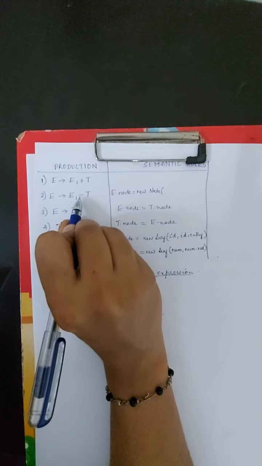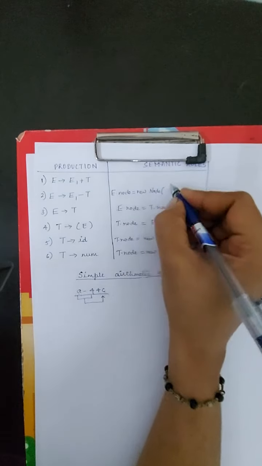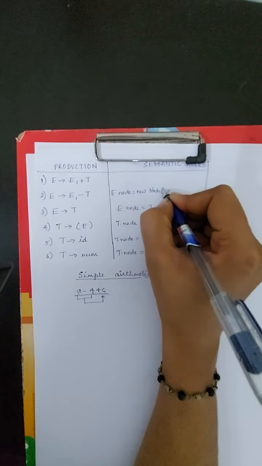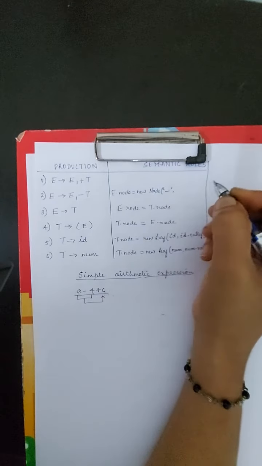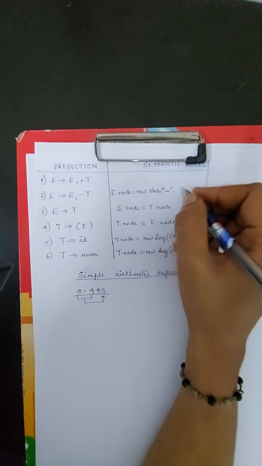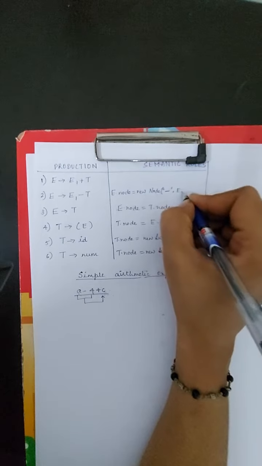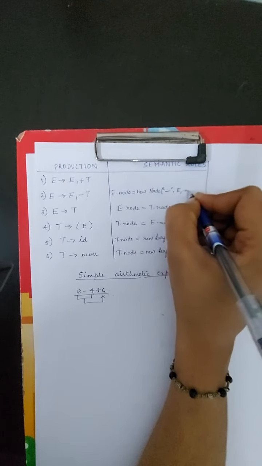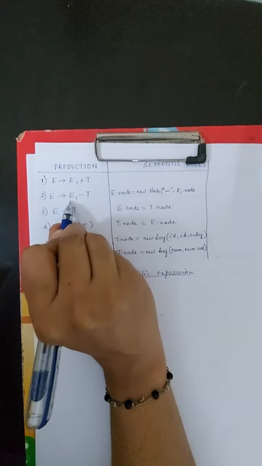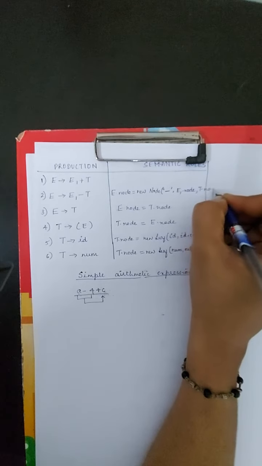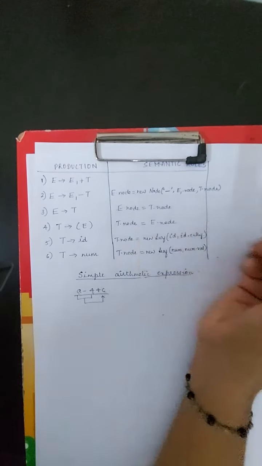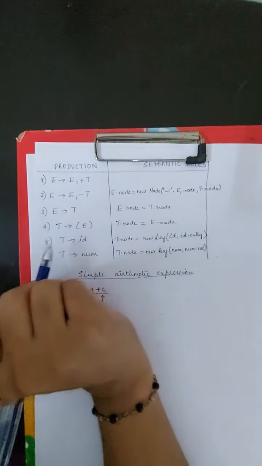We are subtracting these two values. So that will be minus, which is represented in single quotes, comma e1 dot node, attribute value for its children. So e1 and t are the children. So e1 dot node, comma t dot node. Alright, so this is the semantic rule for this production.